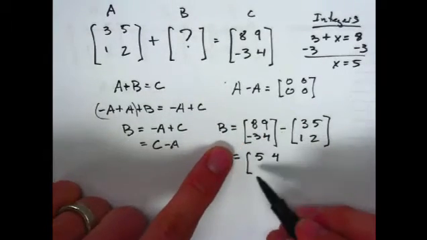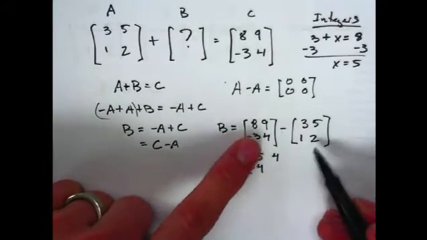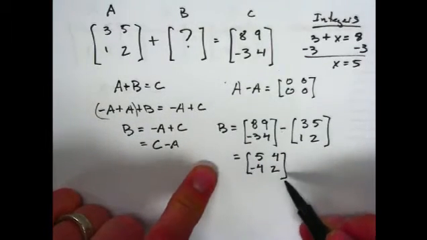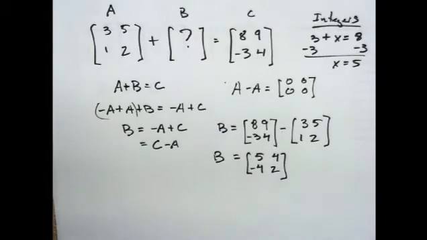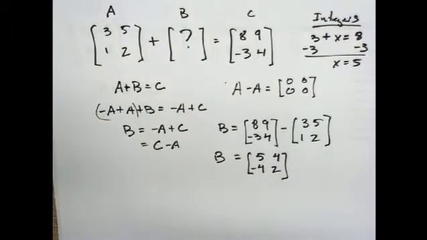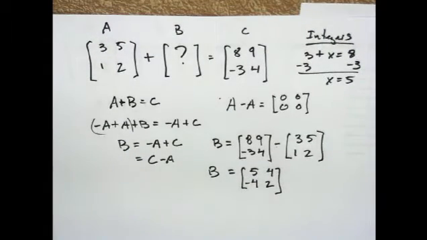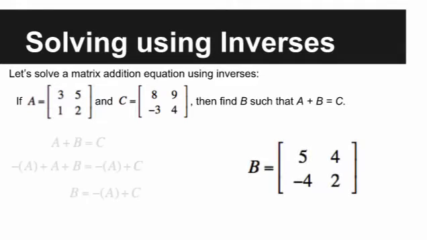Negative 3 minus 1 is negative 4. And 4 minus 2 is 2. So your matrix B is equal to that 2 by 2 matrix, 5, 4, negative 4, and 2. So that helps us find the solution to a matrix addition equation.